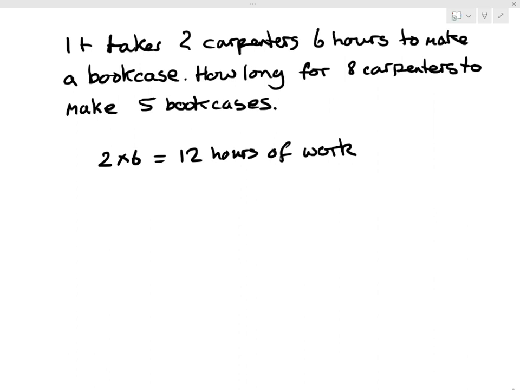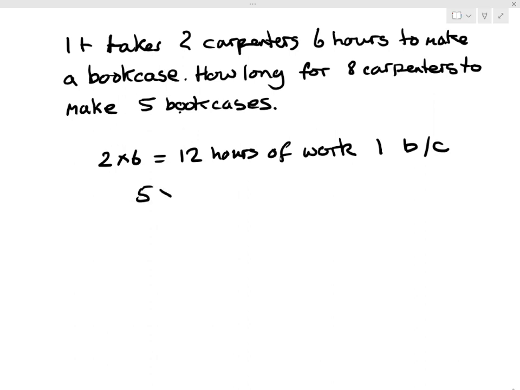12 hours of work to make a bookcase. It takes 2 carpenters 6 hours, so 2 times 6 will be 12 hours of work for 1 bookcase. Now you're going to make 5 bookcases.